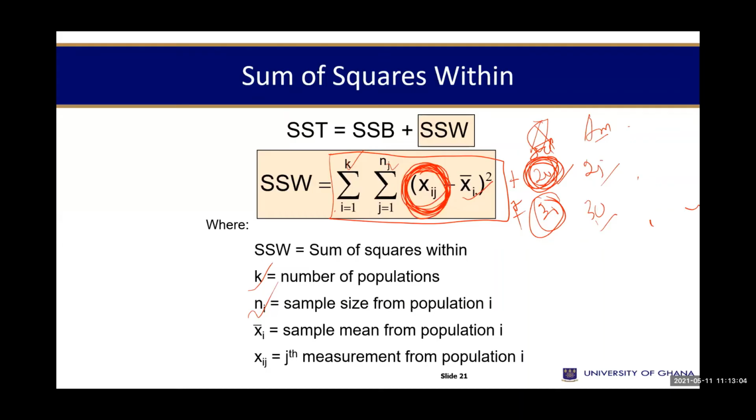X bar i here. Again, don't be confused because you see xi here. I said this is the sample mean. I goes to sample mean for sample 1 or population 1, population 2, population 3, population 4, respectively.